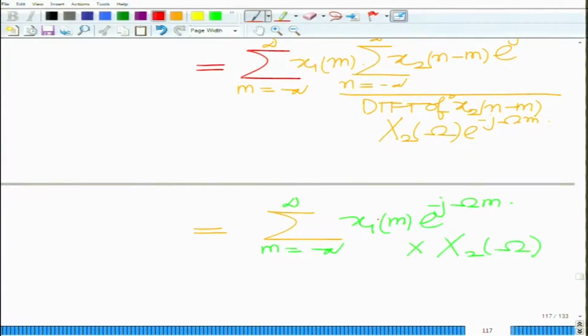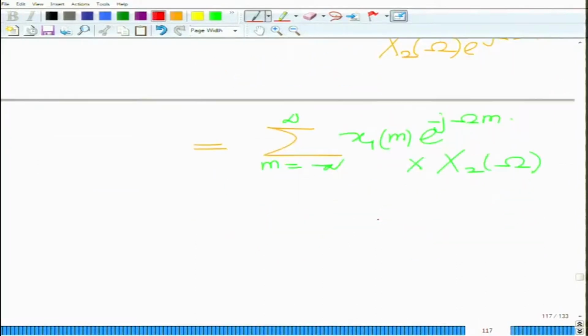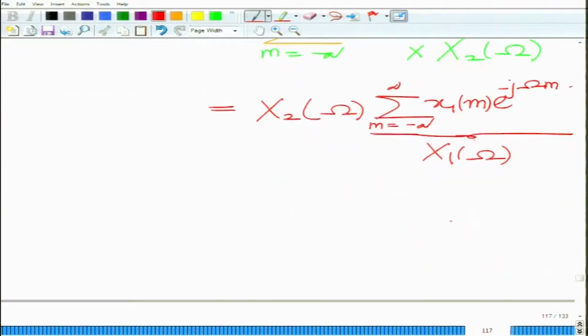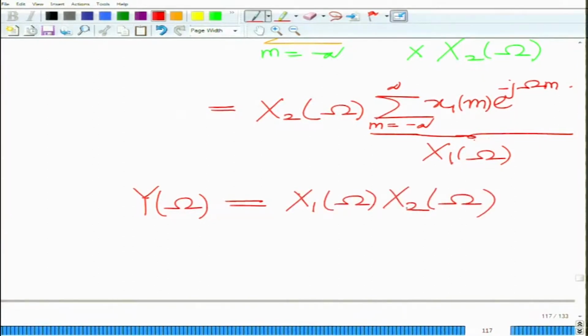And now, the summation of x1[m] e raised to minus j omega m is nothing but basically X1(omega), and therefore, what we get is Y(omega), the DTFT of the convolution of x1[n] and x2[n].